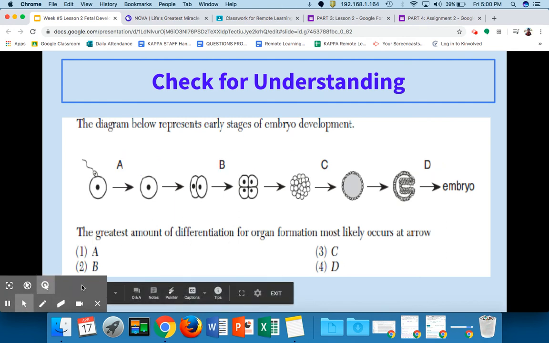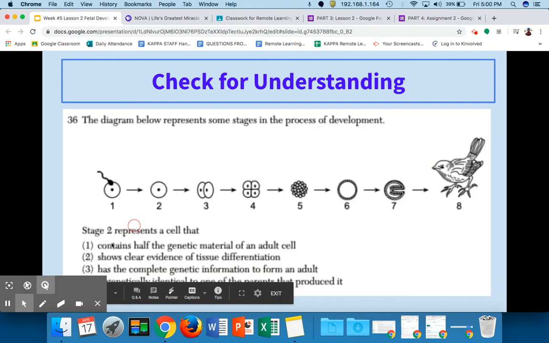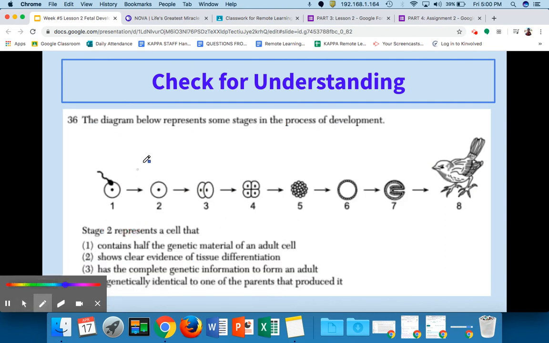Okay, let's try another question. The diagram below represents some stages in the process of development. So we see that this diagram looks really similar to the other one, except instead of an embryo, it's showing a baby bird. So it's kind of like skipping some stages here.